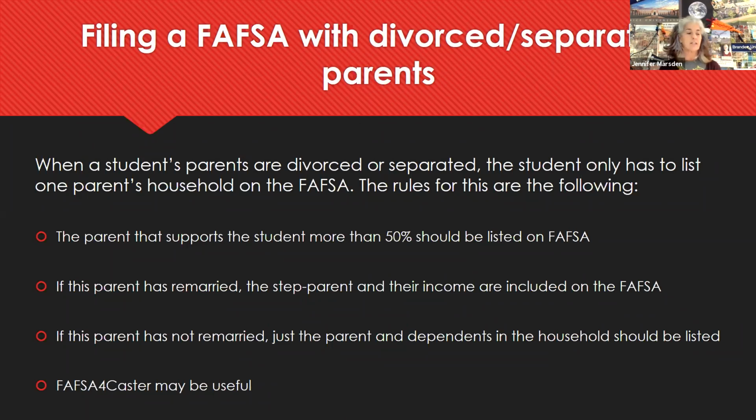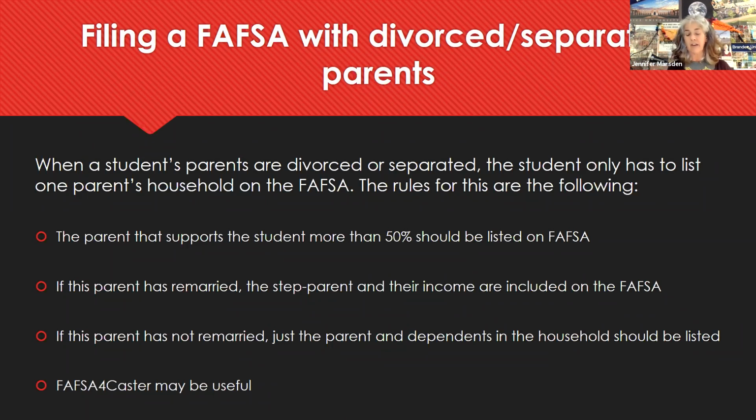For a lot of our students, if both parents live in town or in the valley, it's kind of a back and forth thing. We don't know. It's kind of 50-50. In the summer, they're more with dad or more with mom. So for those kids, the parents have the ability to look at the household income and assets and decide which parent makes the most sense to use on the FAFSA.